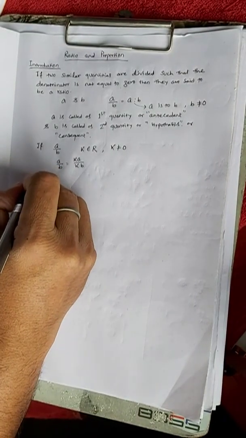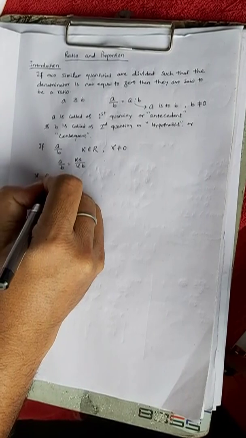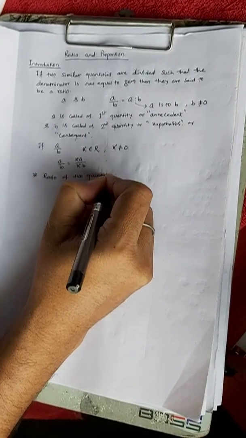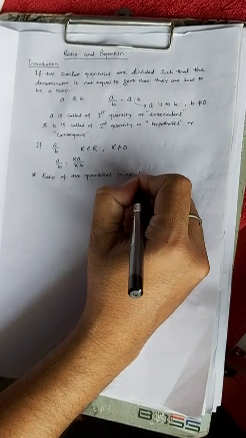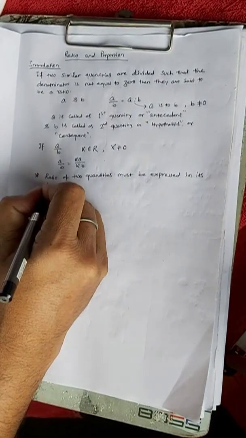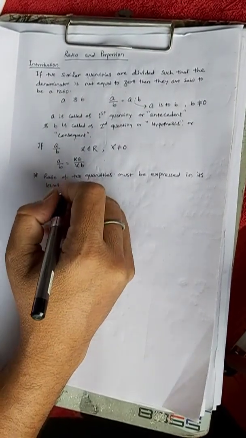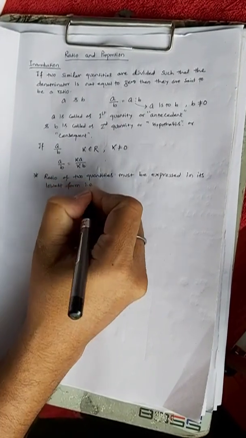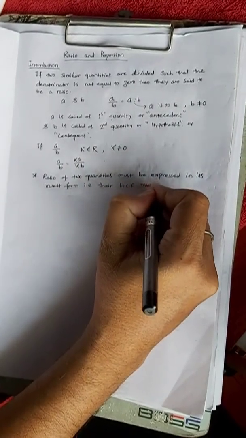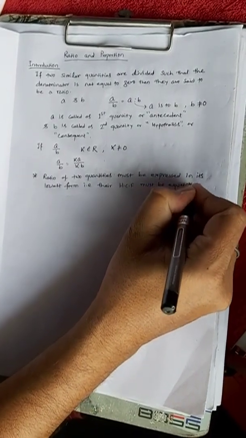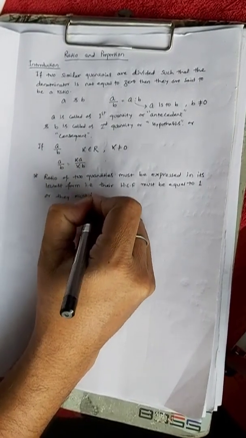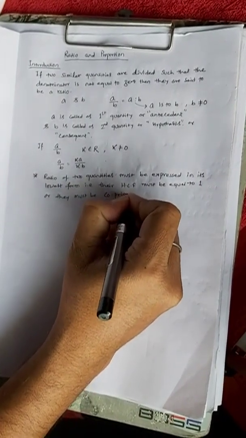And one more important thing about a ratio: the ratio of two quantities must be expressed in its lowest form, that is, their HCF must be equal to 1, or they must be co-prime numbers. So I have given a lot of information here.